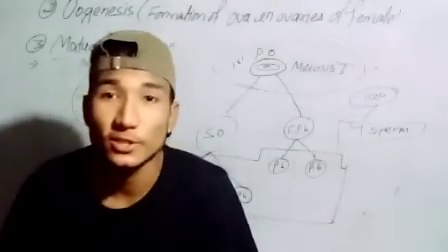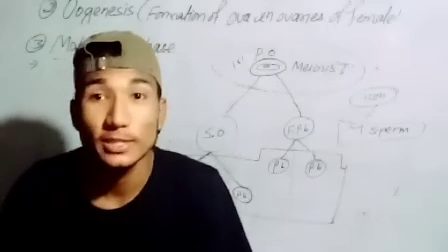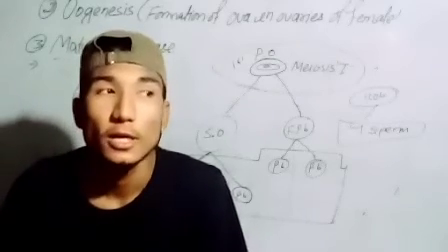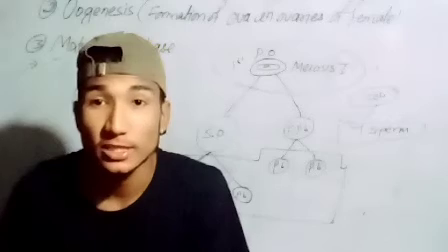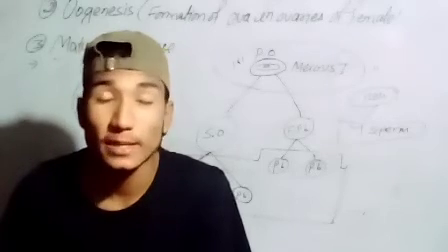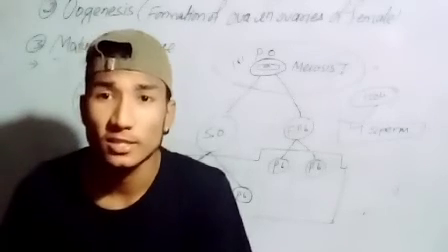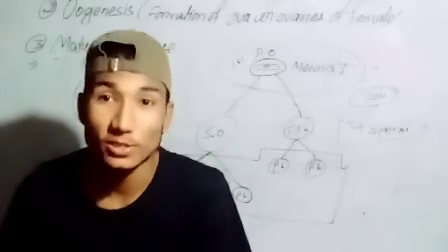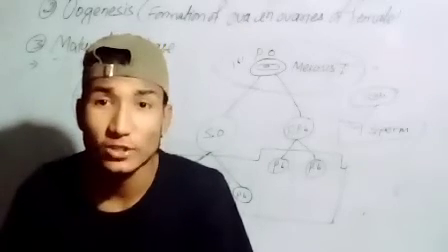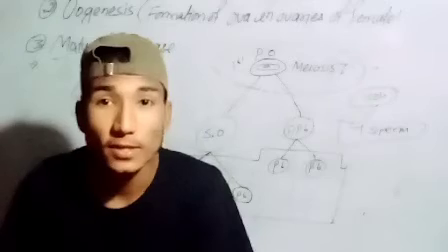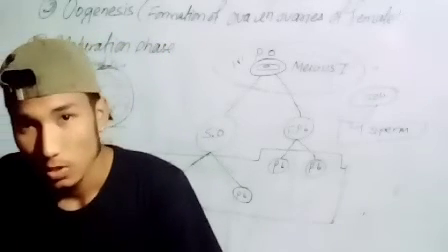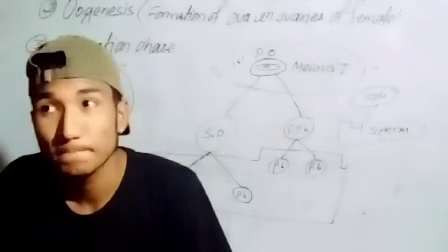I stop this video here. In this video we discussed gametogenesis, spermatogenesis and oogenesis. Oogenesis means the formation of ova, and spermatogenesis means the formation of sperm.